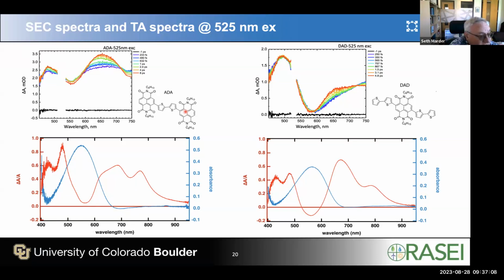What I do think is true is that if you do reduce one of the naphthalene diimides, probably some charge leaks onto the bithiophene, and it could be that the effective HOMO of the bithiophene actually goes up a bit when you reduce the NDI electrochemically, and that might shift at least a bit, in the ADA compound, the energy of the remaining CT transition, possibly to lower energy.